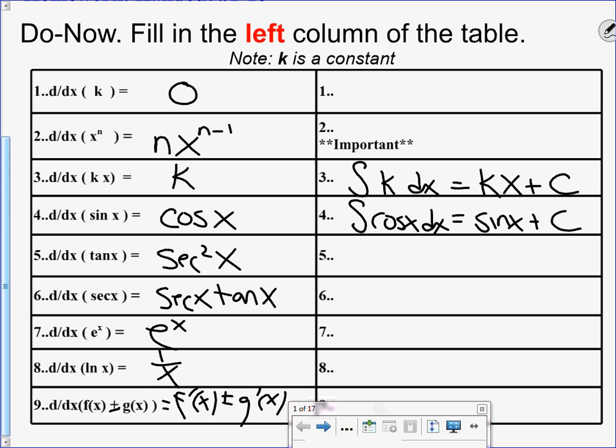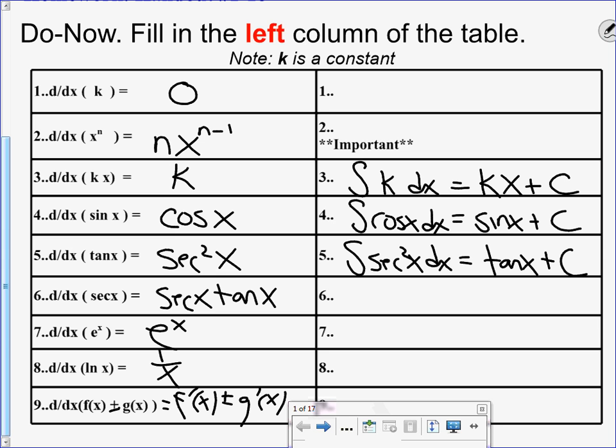We said that the derivative of tan x equals secant squared x. So what would the antiderivative of secant squared x have to be? Good. So the antiderivative of secant squared x with respect to x equals tan x.